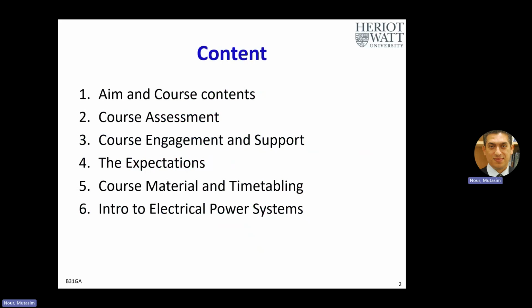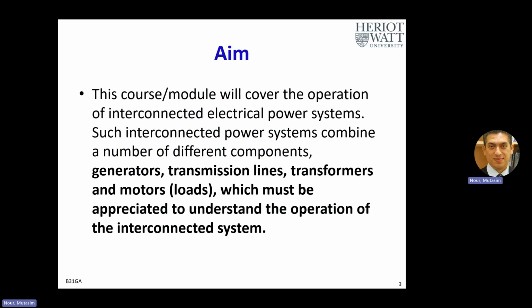Course assessment, this is important. Of course, you want to know how the course is assessed: coursework, exams, etc. Course engagement and support. What is the expectation from you in order to understand and pass the course with good grades and understanding as well? Course material and timetabling, and an intro to electrical power systems in general.